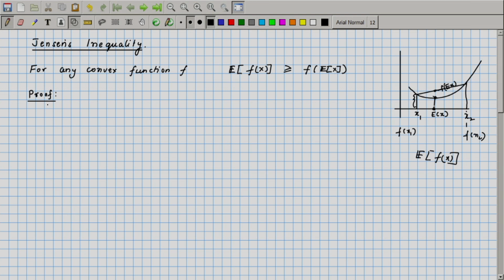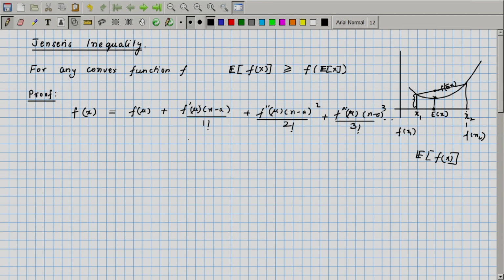So, we will assume that f is a twice differentiable function, and for any function we can write its Taylor series expansion. So, f of x can be written as, if you expand it about a point, let us say mu, f of mu plus f prime mu into x minus mu by 1 factorial plus f double prime mu into x minus mu the whole square by 2 factorial plus the third derivative x minus mu whole cube by 3 factorial and so on.